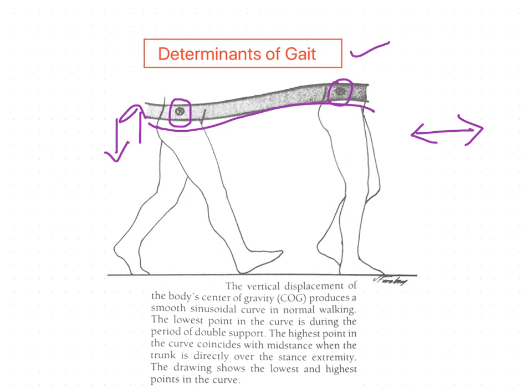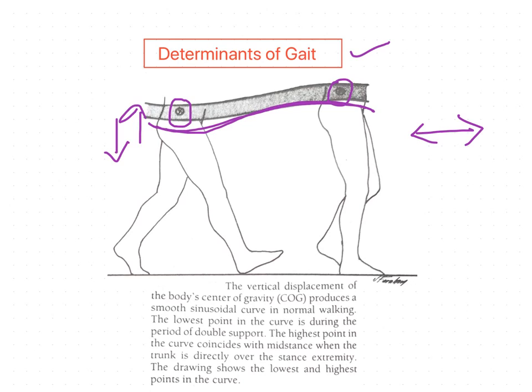The order of presentation of determinants that follows is based on their function and is not necessarily related to the order in which they appear in gait. Here in this picture you can see the vertical displacement of the body's center of gravity.